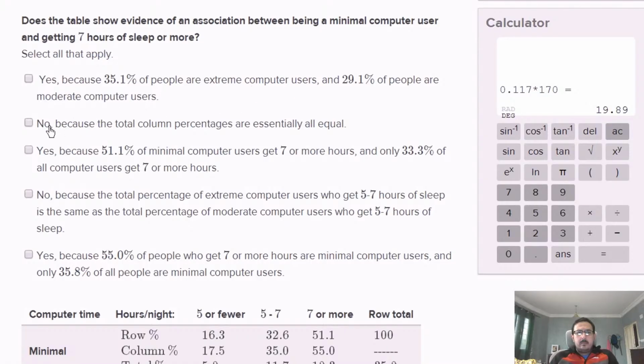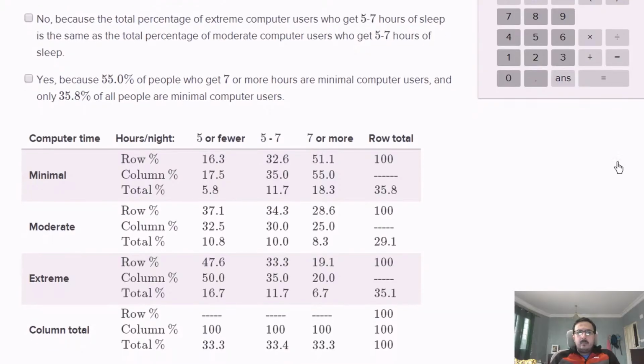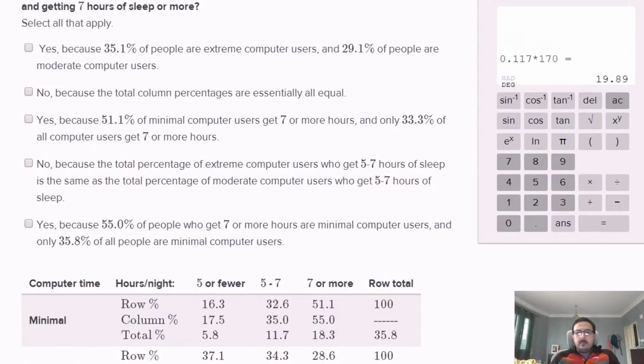No, well, I already explained why I go with yes, that there does seem to be a trend, and I don't even believe what the statement is, because the total column percentages are essentially equal. We see that the column percentages are not equal for people who are getting 7 hours or more of sleep. We see that right over here, 55, 25, 20. So I won't go with that one either.